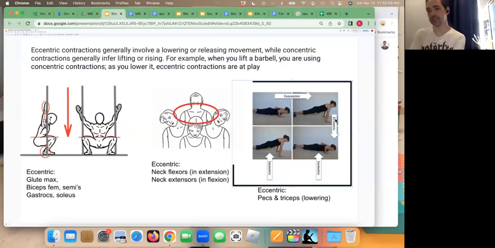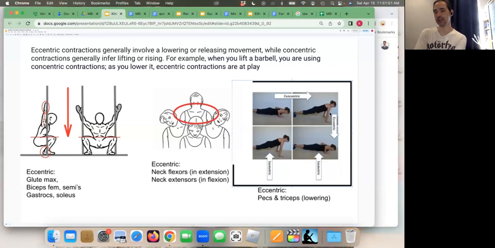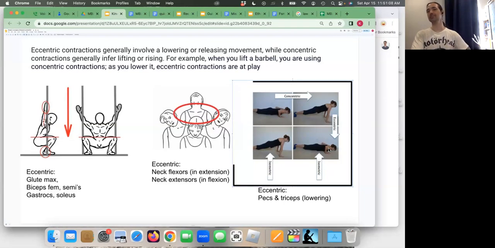So if you look at this arrow, it says eccentric from plank to chest to floor. That's because the nature of that movement is eccentric. The main movers that are allowing us to lower ourselves down without smacking our body into the floor are the pectoralis major and the triceps muscle.